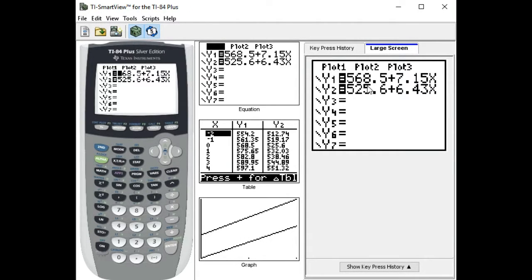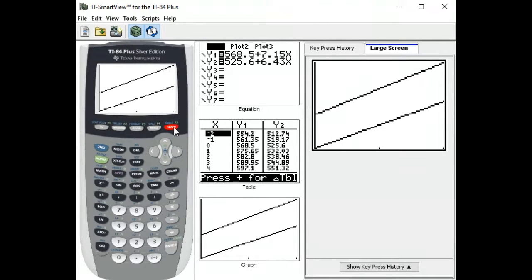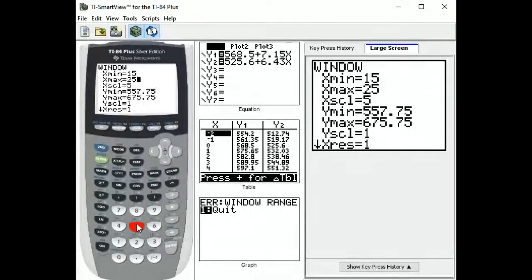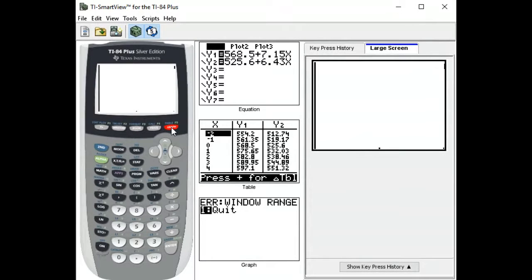All right, so look. There's the cost function, and there's the other cost function. And here's the graph. Let's make sure, what do I have? Oh, I don't have the window that we're actually looking at. So let's go 15 to 25.